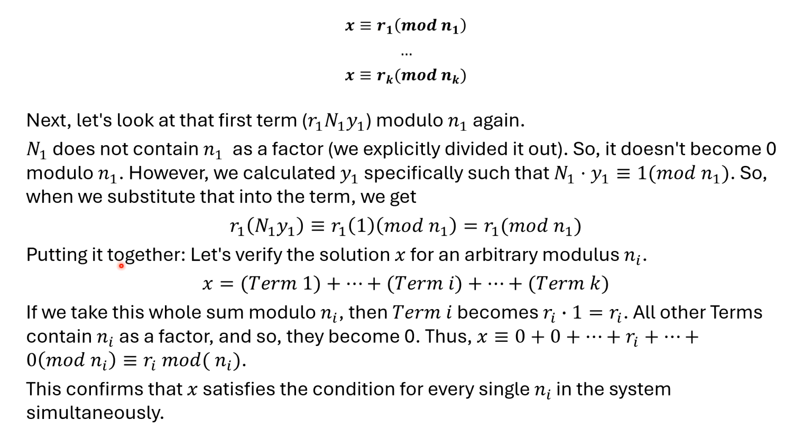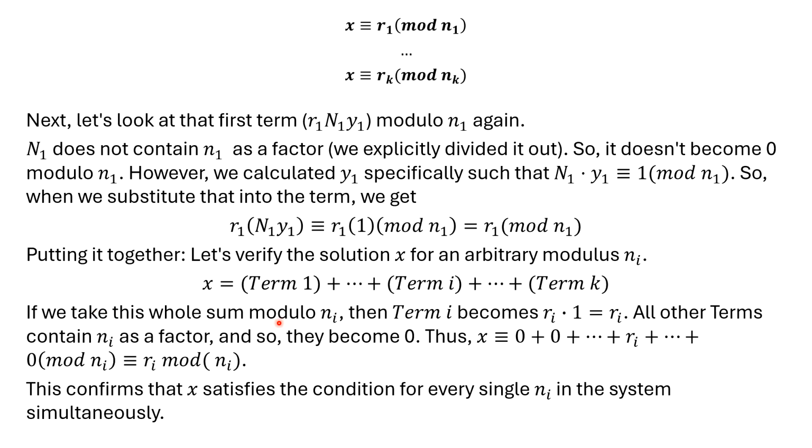But if we're putting this all together, let's verify the solution x for an arbitrary modulus n sub i. We have these terms: the first term in the summation, the second, then the ith term, and then all the way to the kth term. This is the one that's a little bit different.